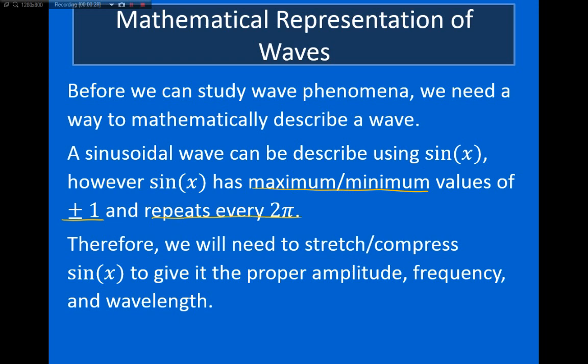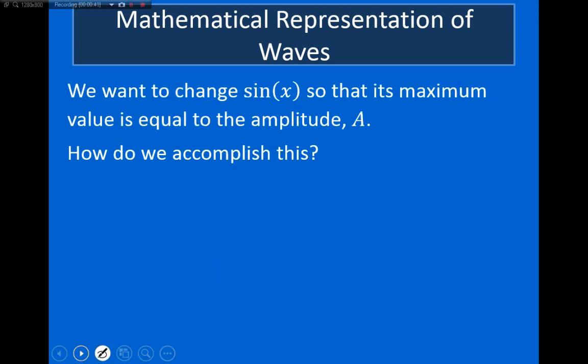So what we need to do is think about how you can stretch or compress the graph along the x and y axis so that it will have a maximum value equal to the amplitude and it'll repeat every wavelength. Starting with something simple, how do you stretch the graph sine of x along the y-axis so it has a maximum value equal to the amplitude?